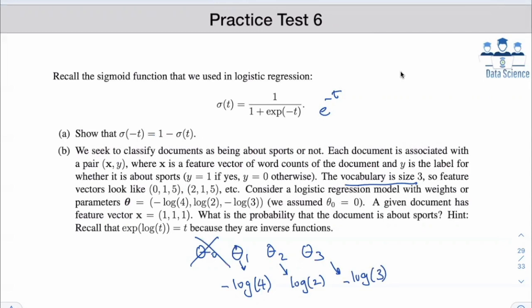Now, given a new test point, this is a set of features for a test point where all of these features are equal to 1. We want to find the probability that the document is about sports. If you look here, y equals 1 means it's about sports, y equals 0 means it's not. This is a perfect fit for logistic regression because we have a binary classification problem. Something very useful to solve this problem is that exponential and logarithm functions are inverses of each other.